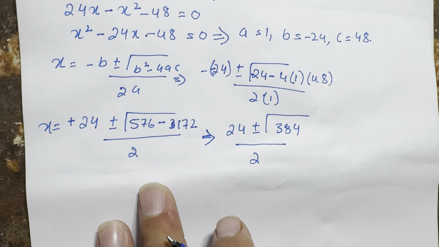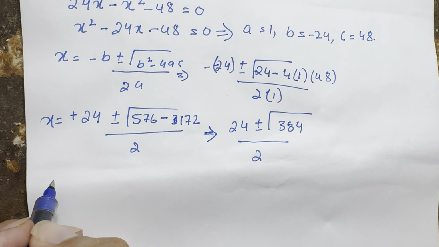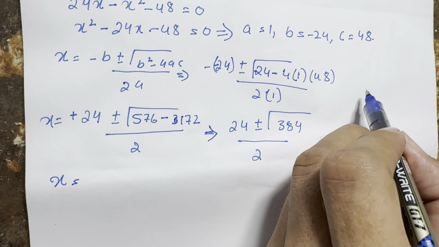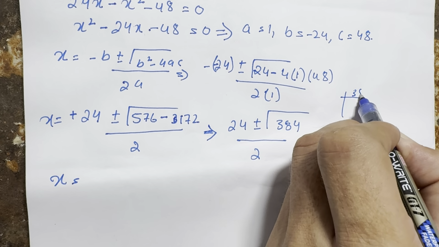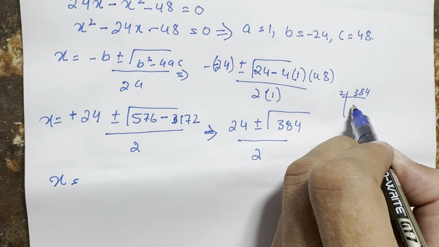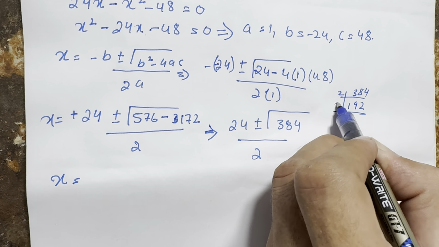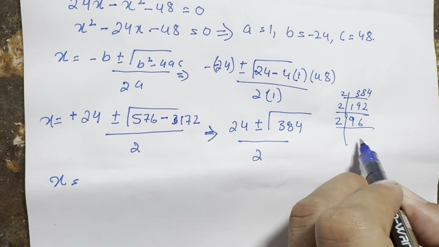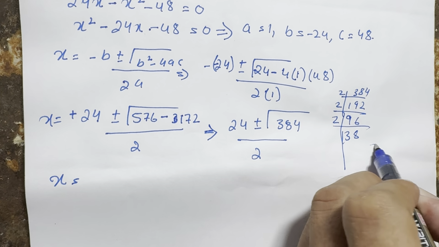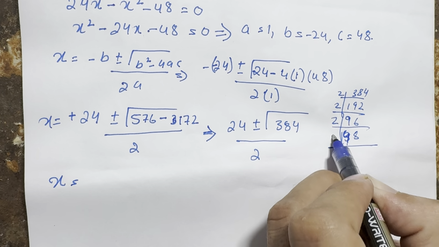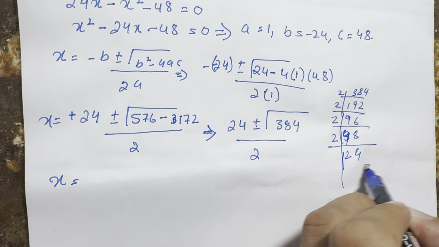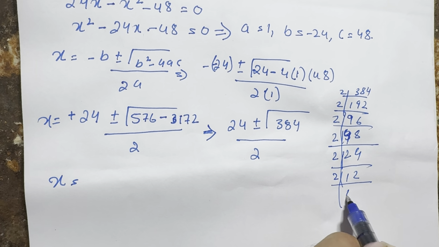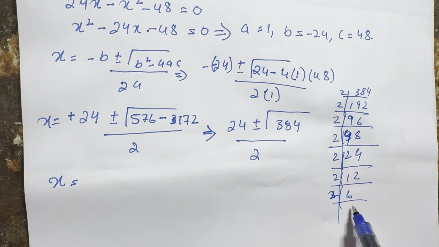Okay, so now if I take the LCM of this, 384 divided by 2 is 192, by 2 is 96, by 2 is 48, by 2 is 24, by 2 is 12, by 2 is 6, by 2 is 3.